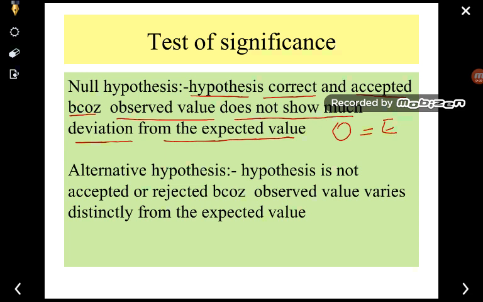So we can say that the hypothesis is accepted, or the statement which has been put forward is correct. That is said to be the null hypothesis, and it is denoted by H0. So hypothesis null, that's why it is represented as H0.